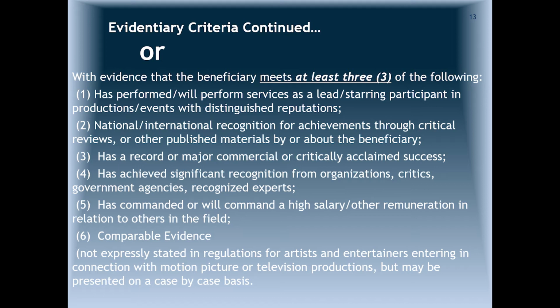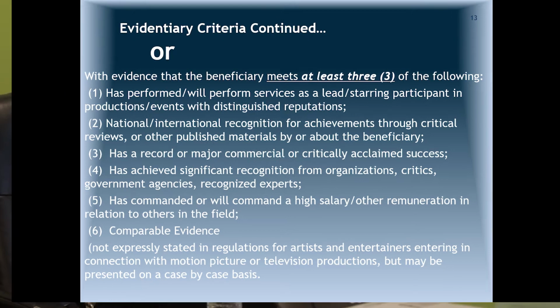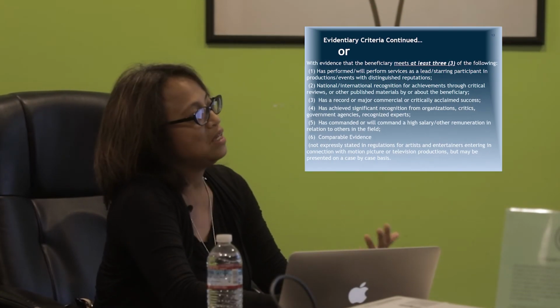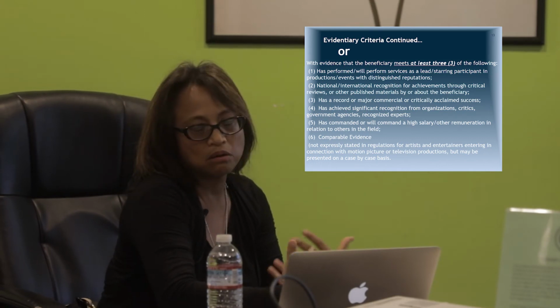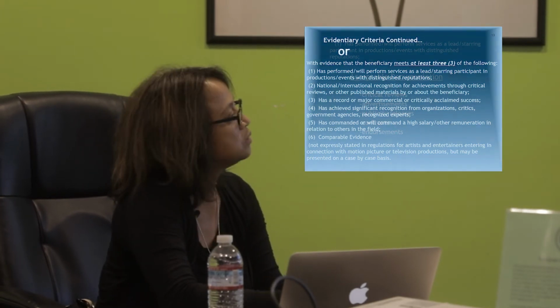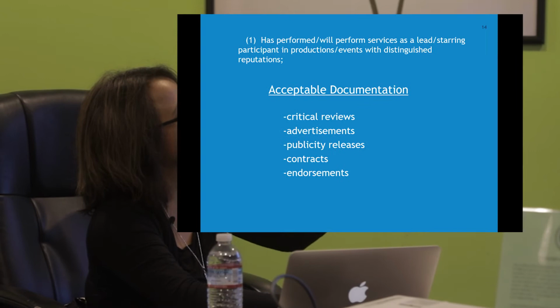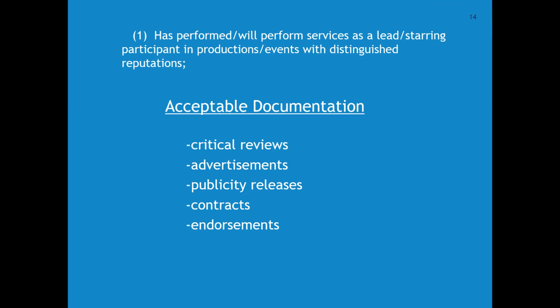That's something where a person's particular occupation doesn't necessarily fall within these criteria, or maybe they do something else in addition. Maybe they're a musician and in addition they do visual arts and they've won acclaim through that. This slide, you're looking at the different criteria and the type of documentation that is acceptable.